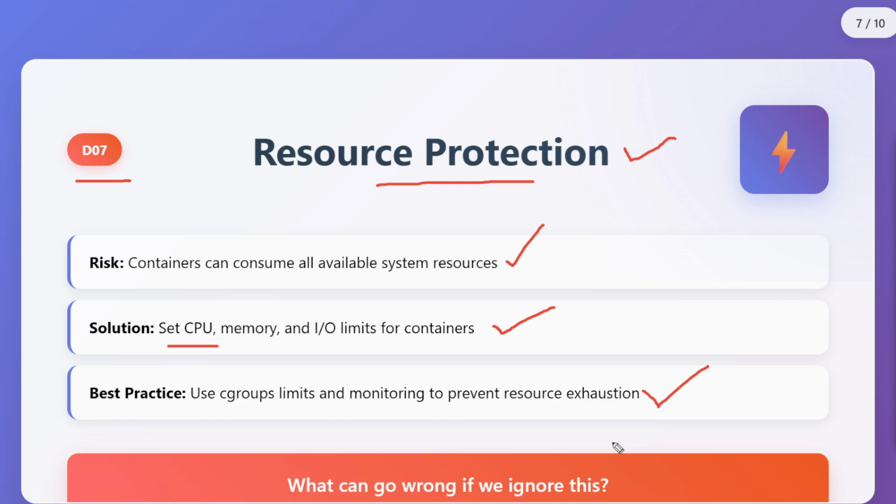And what can go wrong if we ignore resource protection is that there will be chances of affecting performance, and chances for denial of service also. So that is all about D07, resource protection.